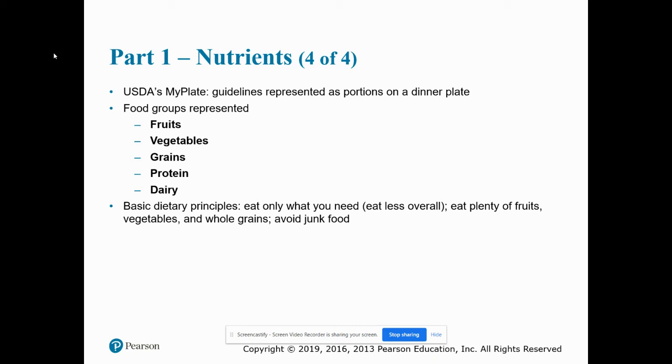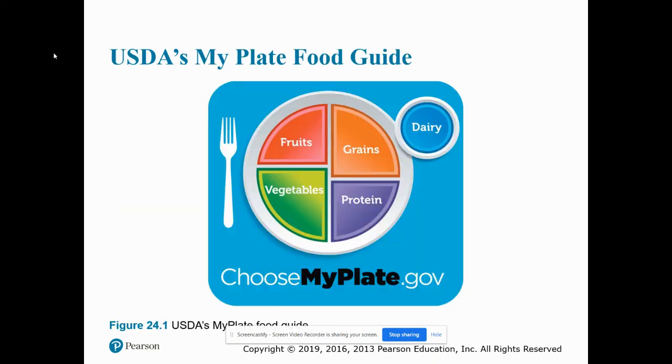Eat plenty of fruits and vegetables and whole grains, and avoid junk food like pizza and ice cream. So this is USDA's MyPlate, and we can see a little bit less than a quarter is taken up by fruit, a little bit more than a quarter taken up by vegetable, a little bit less than a quarter taken up by protein, and a little bit more than a quarter taken up by grain, and then we have a side of dairy.